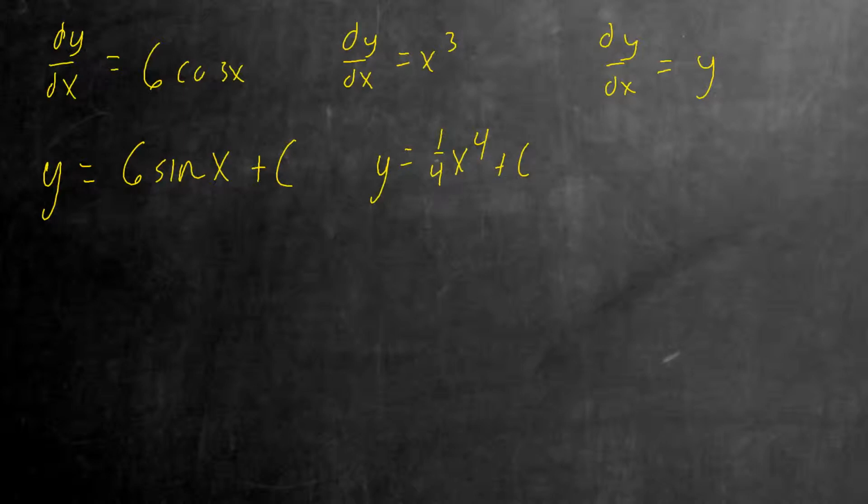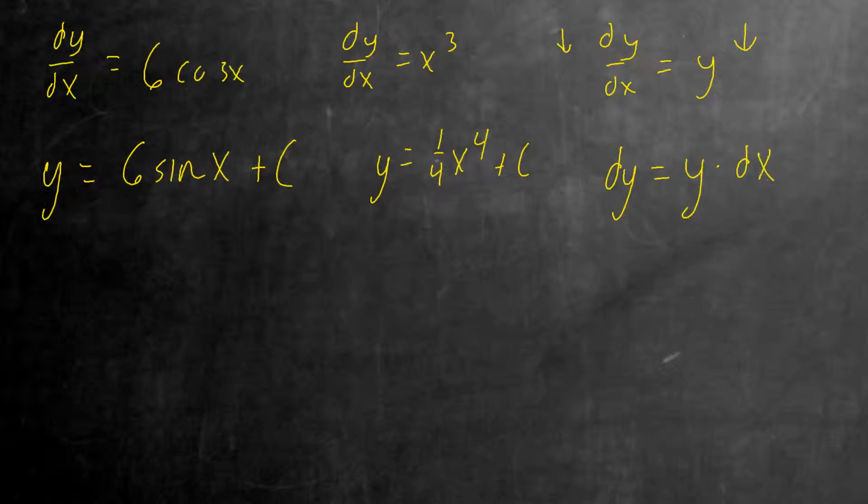All right, so here's your process. This is called separation of variables. We want to get all the y's on this side and all the x's on this side. And this is always the case. So I'm going to multiply the dx over. If I multiply the dx over, I'm going to have y times dx.